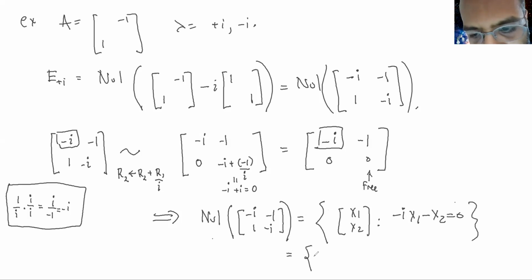Another way of writing this is that x1 equals x2 over minus i. We just figured out that 1 over i is minus i, so it's minus minus i x2, which is i x2. And so this is just the span of the vector (i, 1).